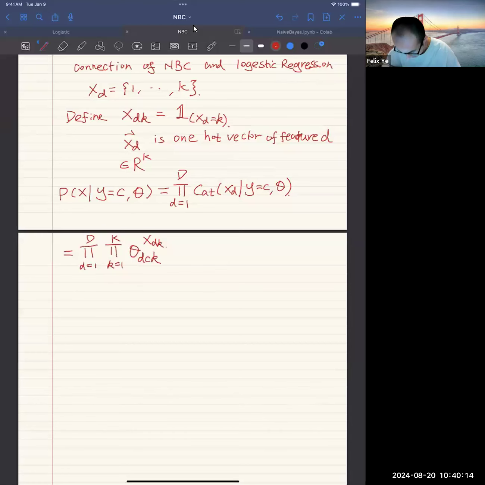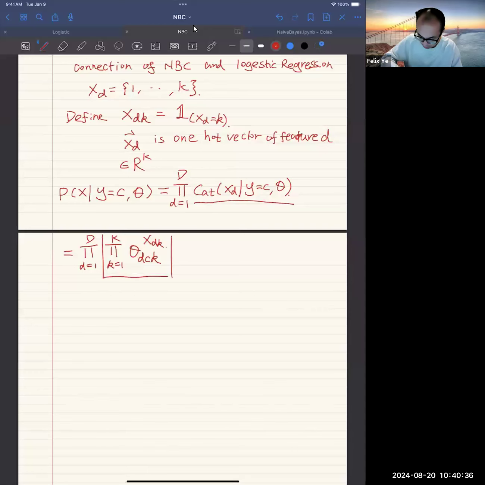This is how we express the categorical distribution, and we multiply these categorical distributions over d from 1 to D.